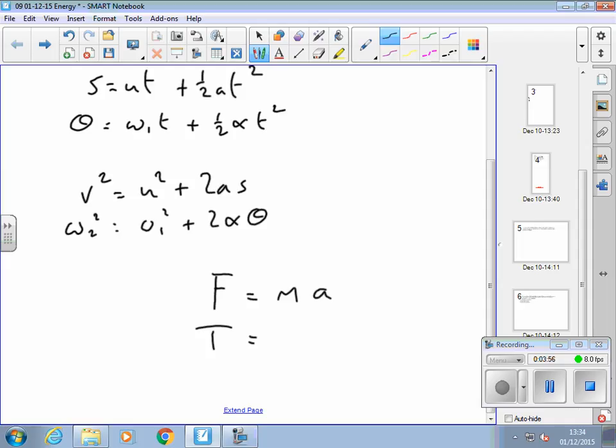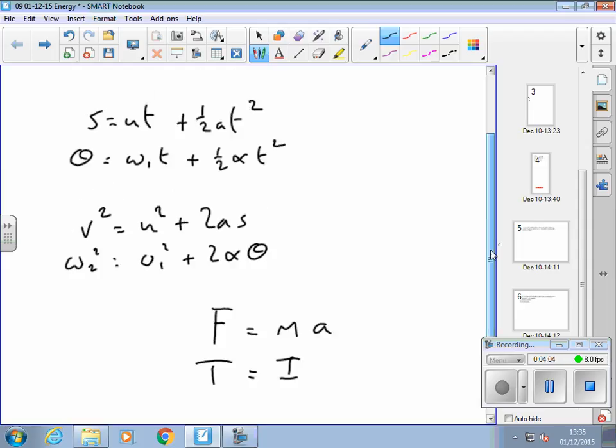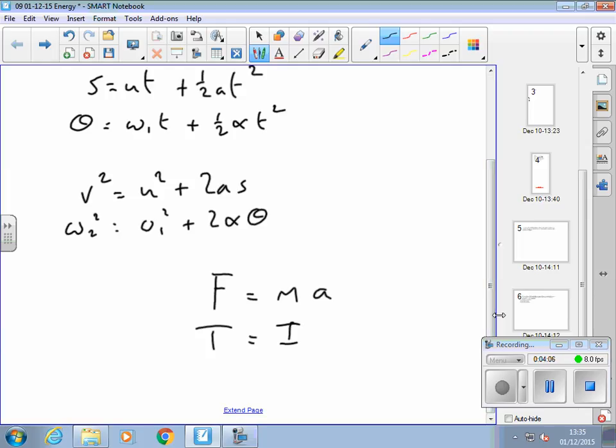Instead of mass, we talk about the moment of inertia, which is why I was looking at you, because you gave me the formula for the moment of inertia. And instead of a, we use alpha. So that would be the angular equivalent for that. So for every formula we have for linear motion, there is an equivalent for angular motion. Okay. There are others, and today we're going to look at some others and consolidate all this stuff. So we now talk about energy.